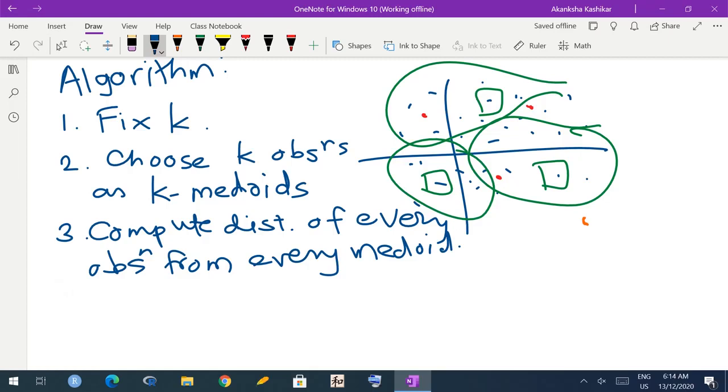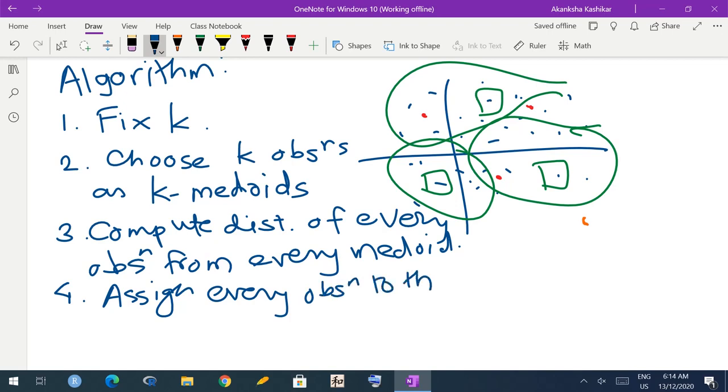Okay. So assign every observation to that medoid to which it is closest.